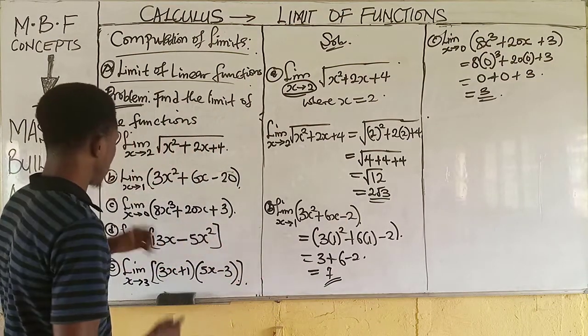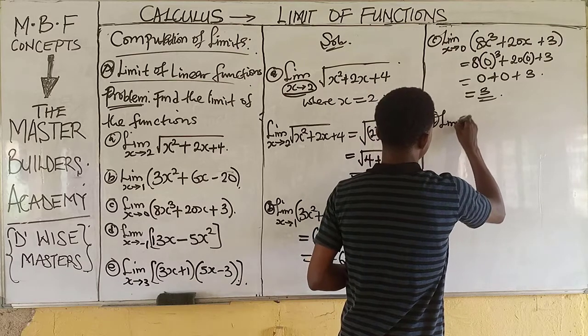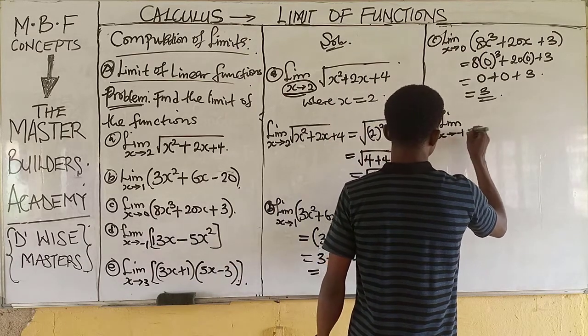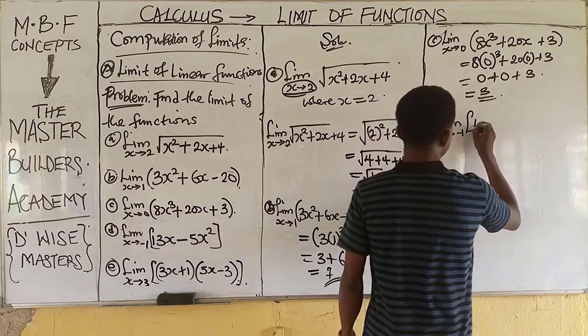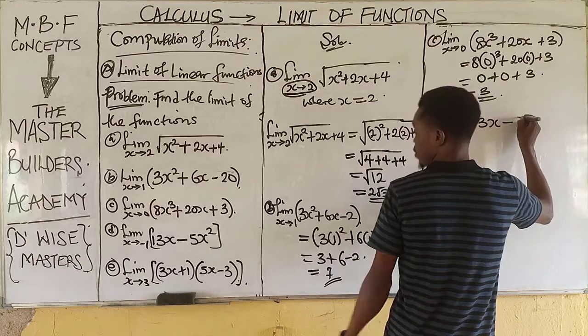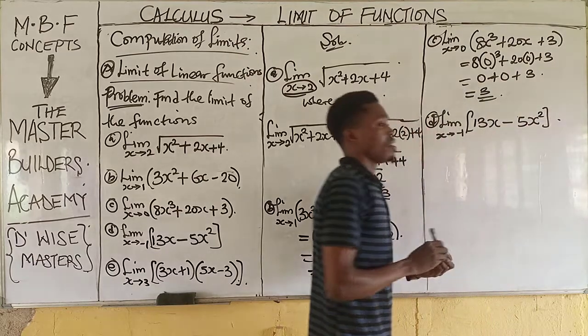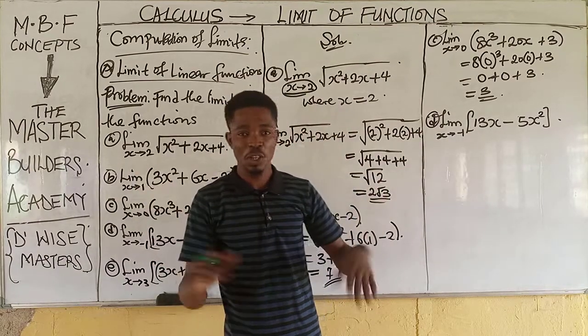Now we have question number 4, which happens to be D. We have the limit of x tends to -1, open brackets, 13x minus 5x squared. Now, similarly, we know that this function is linear. No numerator, no denominator.